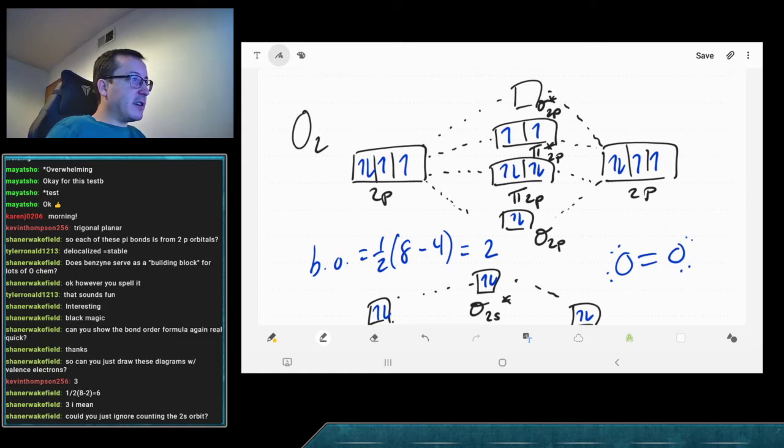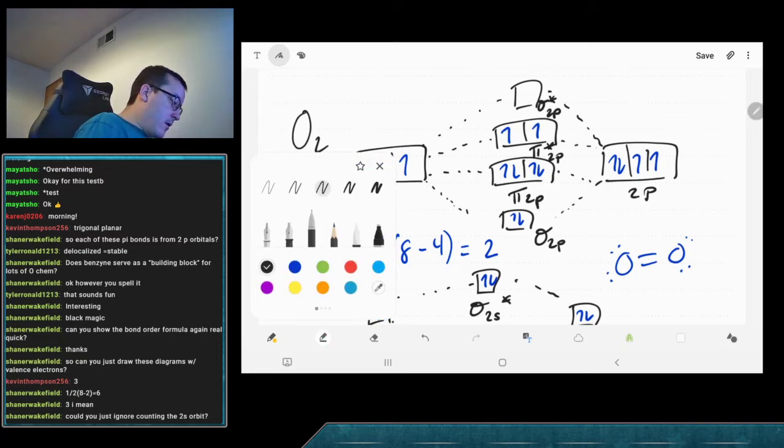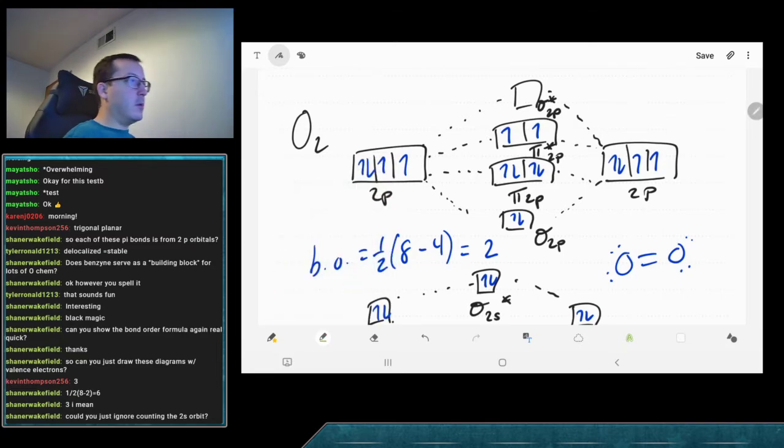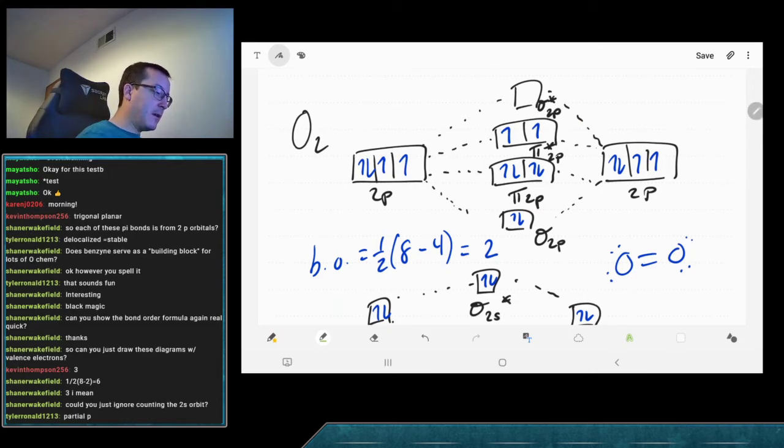What's interesting here? Something we haven't seen before. Partial P's. Yes, I like that. You're noticing we have something special here, which is unpaired electrons.